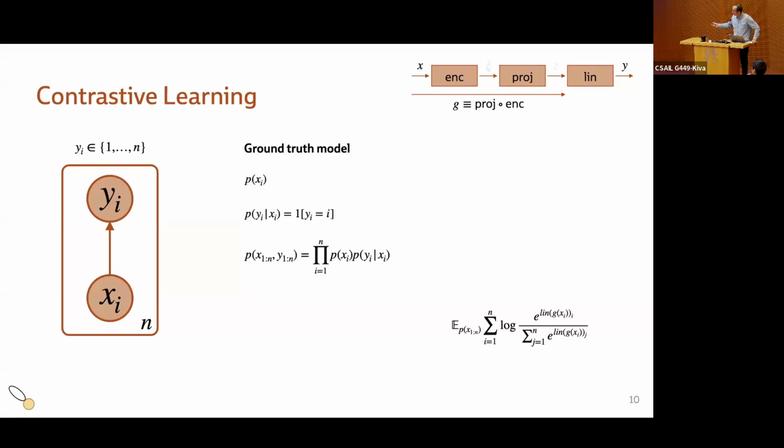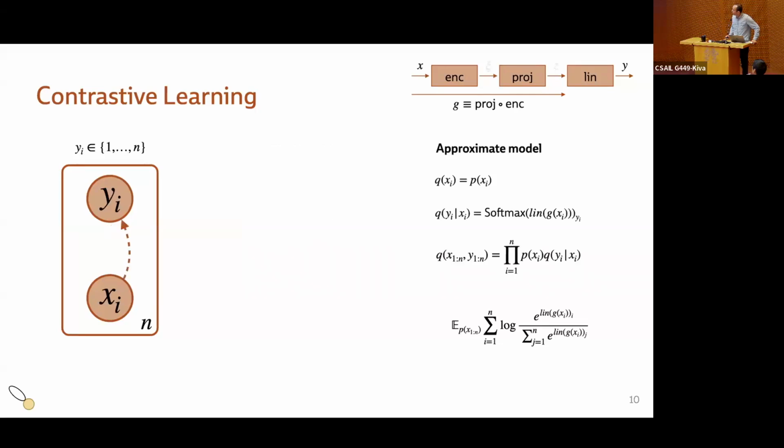And so then you can define the underlying ground truth density. Now we can provide the definition of the approximate model. Again, for us, the underlying distribution for xi is the same as the ground truth. And then we identify an underlying classifier. Here you can see that this can be thought of as a classifier.